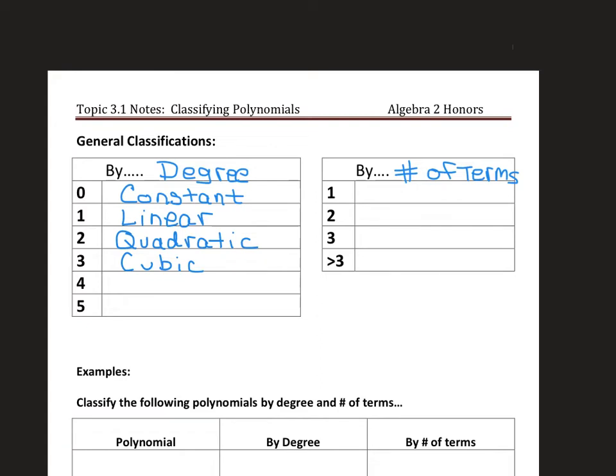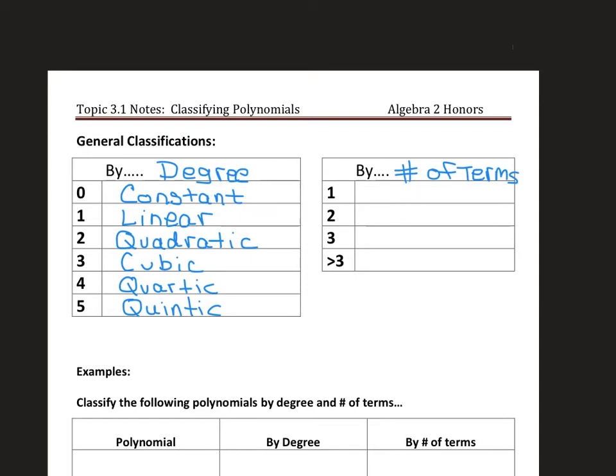If our highest exponent is 4, in other words, our degree is 4, we call that quartic. And finally, if our highest degree or highest exponent is 5, we call that quintic. So these are some phrases that we use to classify a polynomial by the degree.